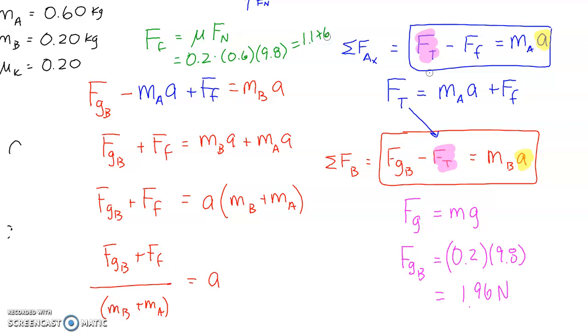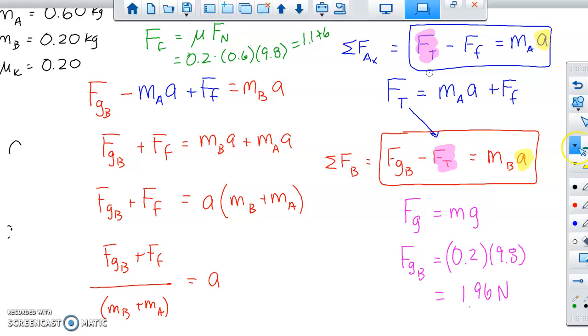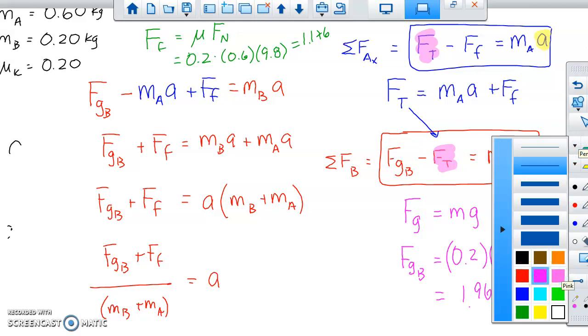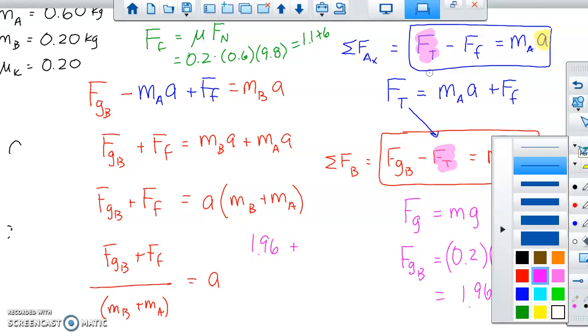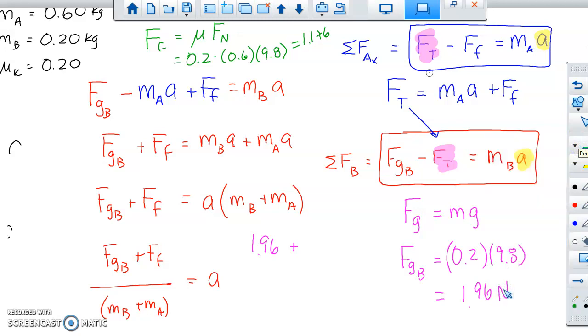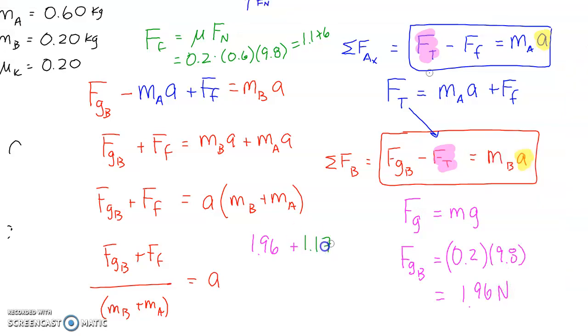So now I have my Fgb, I have my force of friction, so I can literally just plug those in. So we have 1.96 plus force of friction, which is 1.176, and then that's all divided by the sum of the masses, which is the mass of B is 0.2, the mass of A is 0.6, and then that's equal to our acceleration.